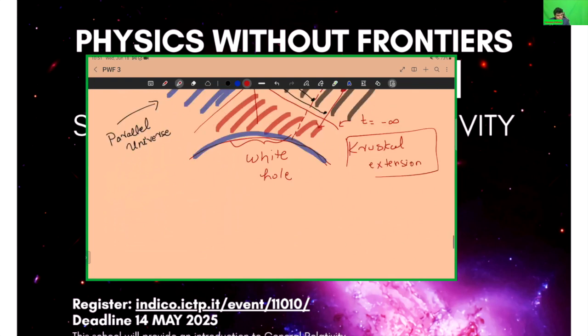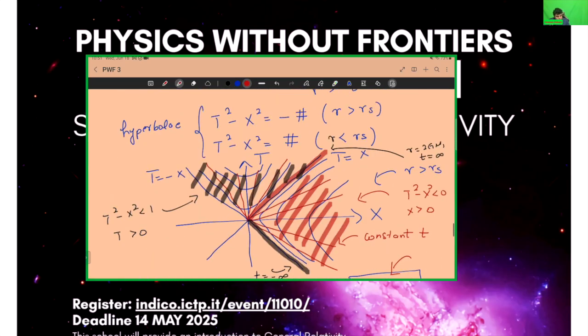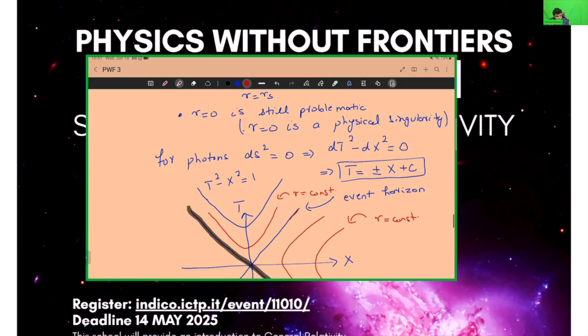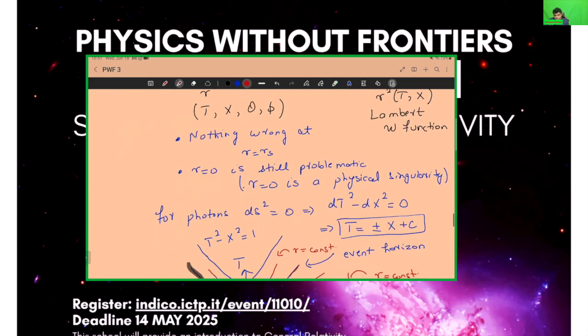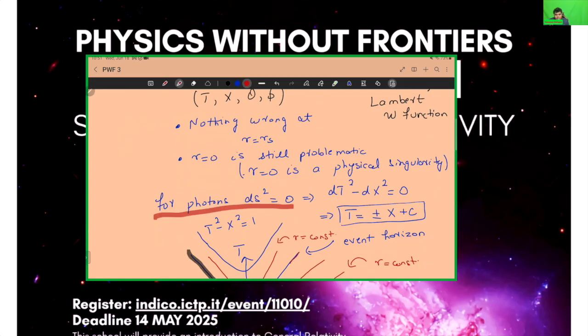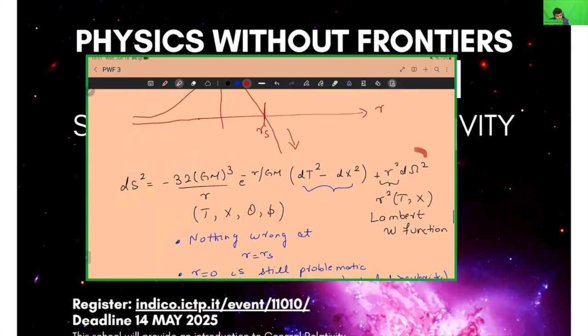Okay. So when I wrote down the metric tensor in terms of the critical coordinates, I told you that for photons, ds squared should be 0, right? And if there's a photon that's going in a radial direction, this thing should be 0 because there are no changes in the angles.